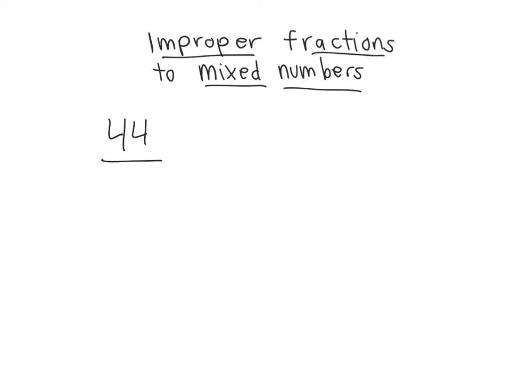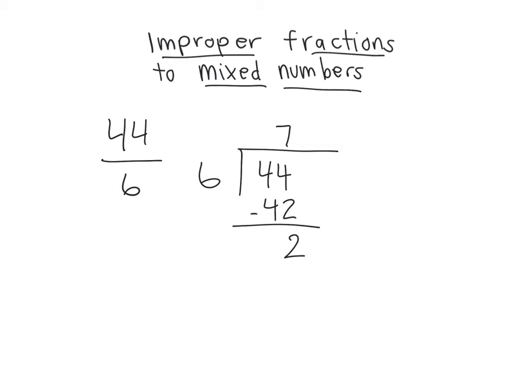All right, so let's try another one. 44 over 6. So again, we're going to divide. 44 divided by 6. So the numerator divided by the denominator. 6 goes into 44 7 times. So that's 42. And then we subtract. So that's 2. So the remainder is 2. Remember, the answer becomes the whole number.